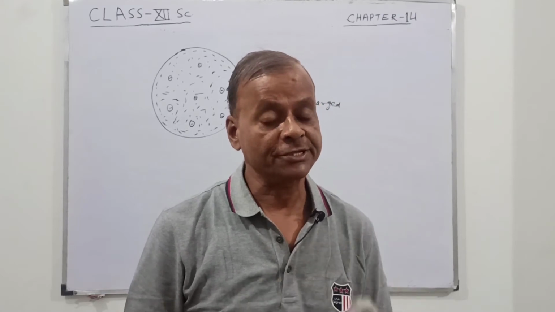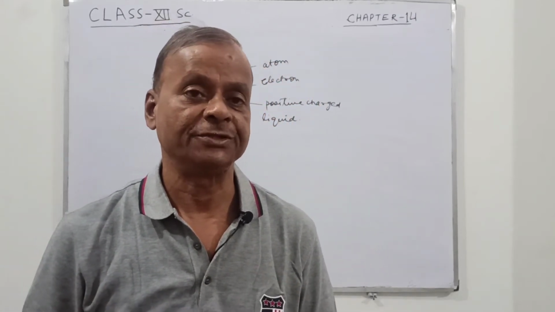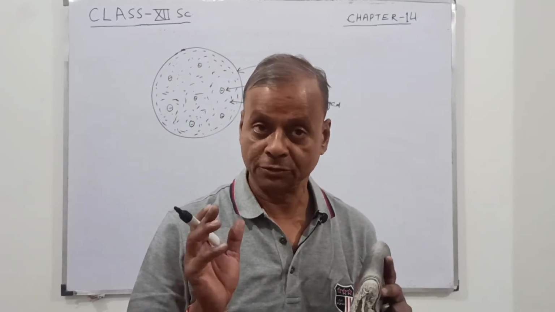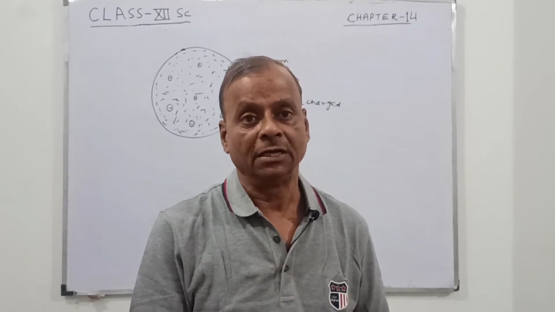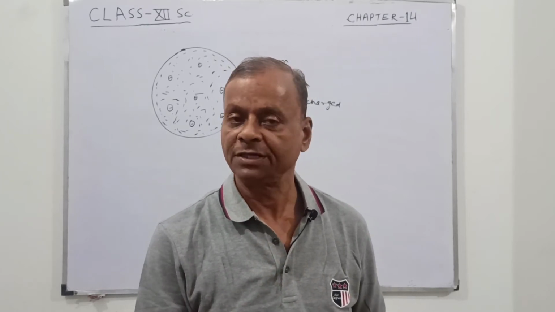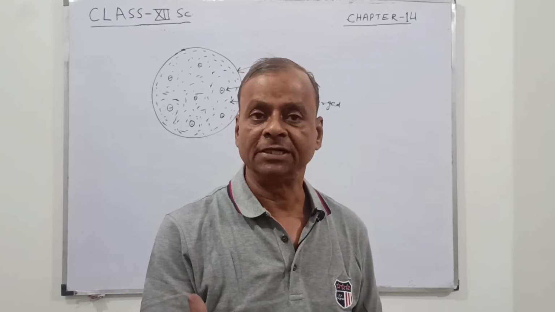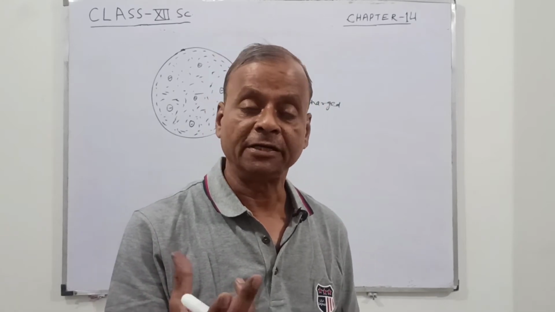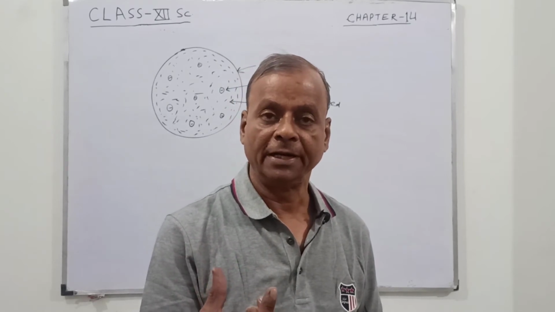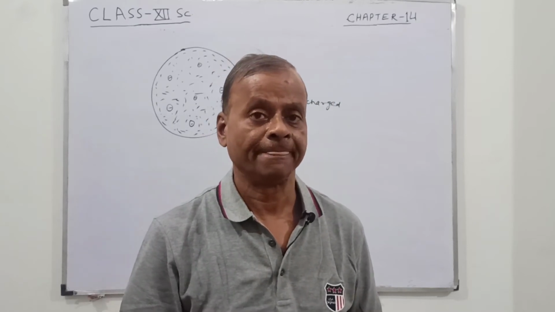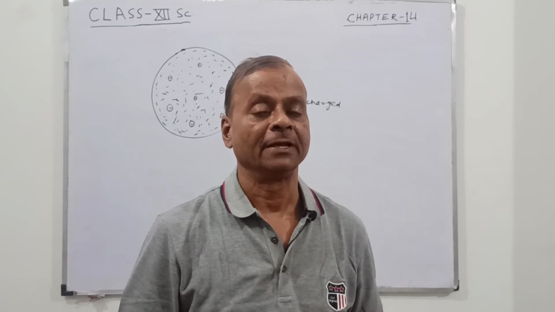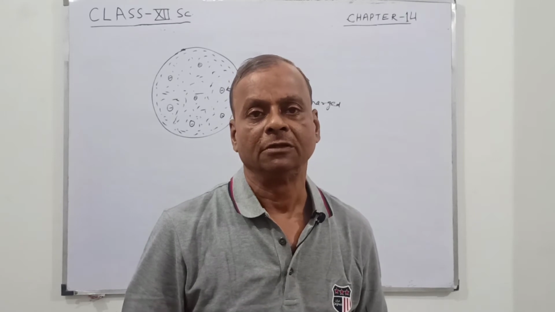This model could successfully explain the thermionic emission by comparing the phenomenon to the vaporization of a liquid. When a liquid is heated, it converts into vapors. The atoms get so much higher energy that they leave the liquid and go out of it. Similarly, this model could explain the thermionic emission of electrons.